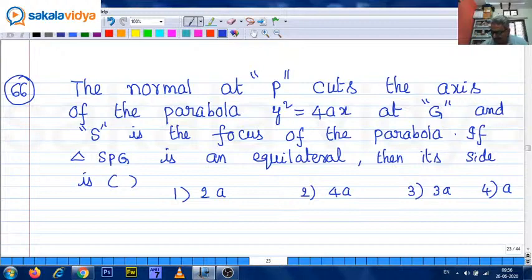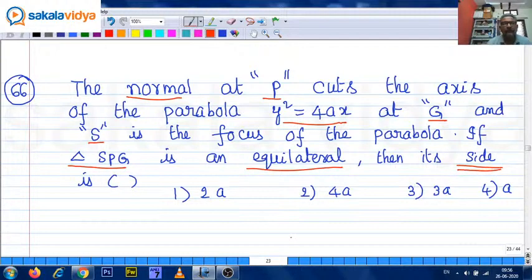This is the question. The normal at P cuts the axis of the parabola, the x-axis, at G, and S is the focus. The triangle SPG is an equilateral triangle, then the length of the side we need to find out.